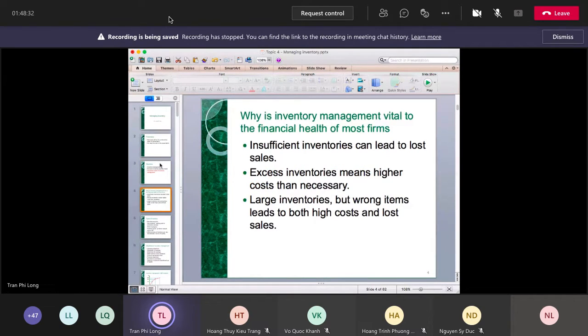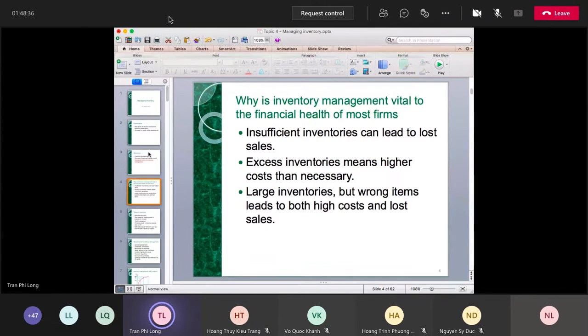Okay. So this slide shows you why inventory management is important to the financial health of a firm. This one is easy, right? If you don't have enough inventory, you can experience a loss in sale and you also lose the customer.